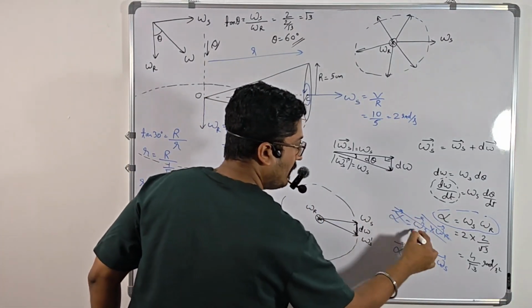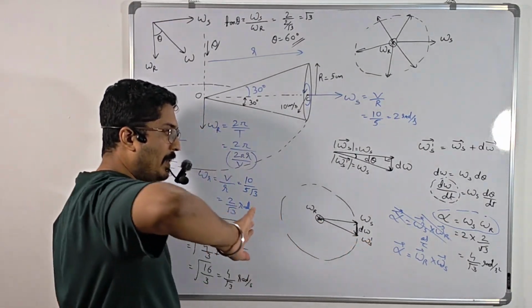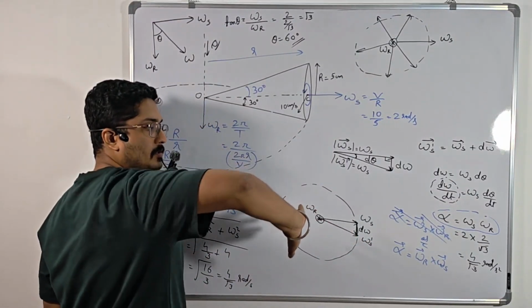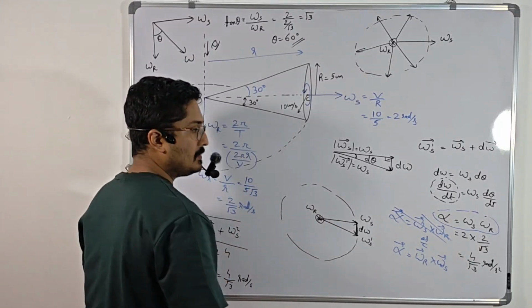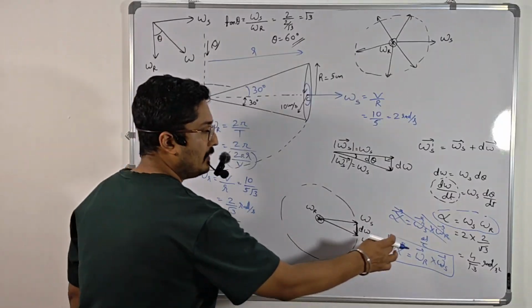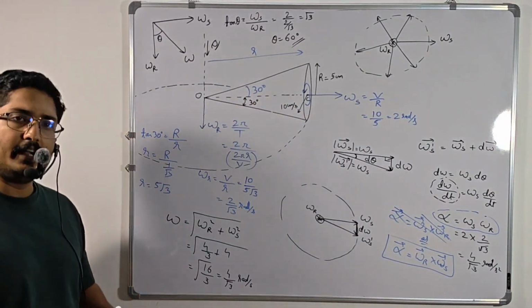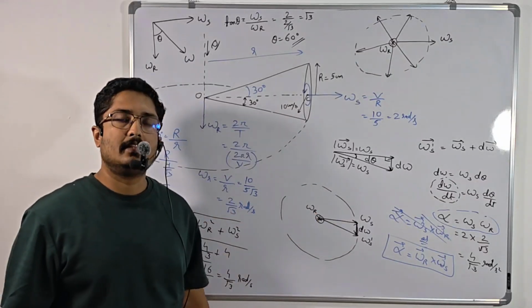This will not give me my alpha vector. So my alpha vector should be this one, omega r cross omega s. Yes, so this will be the formula for our alpha vector. Okay, anyway, in this question we don't need that vector, but still I'm saying this will be our alpha.